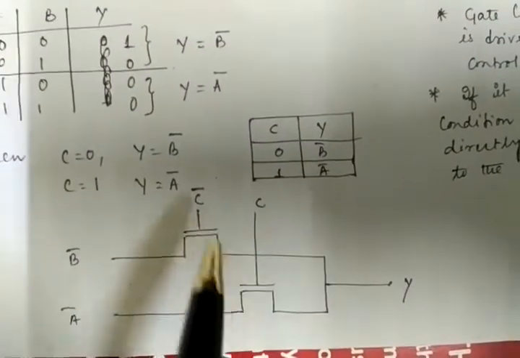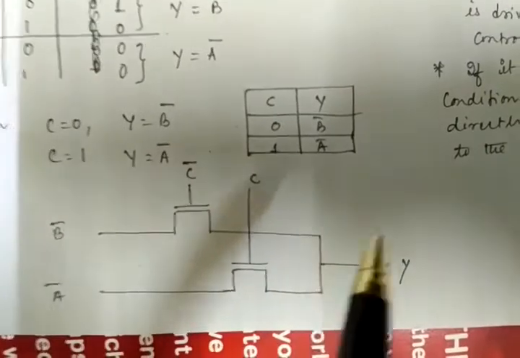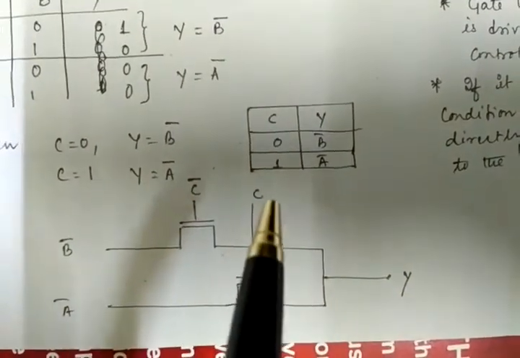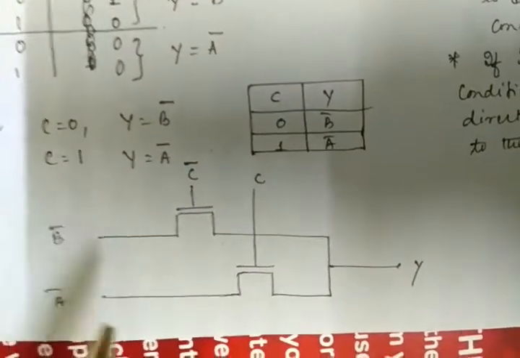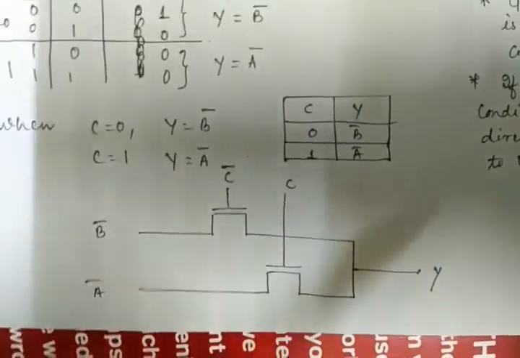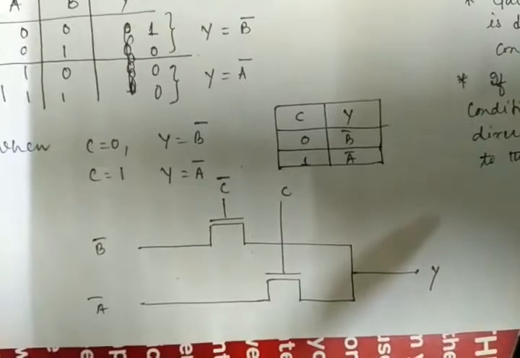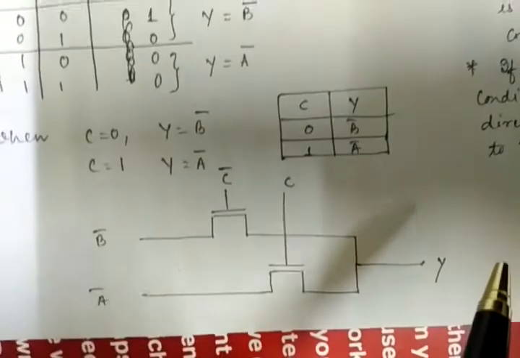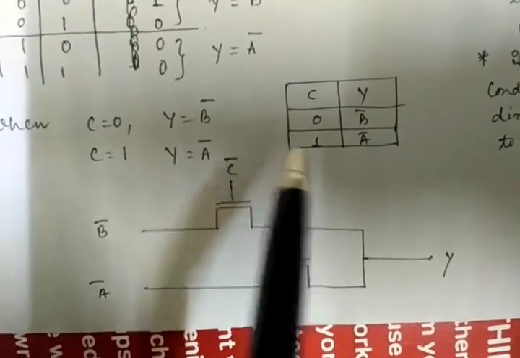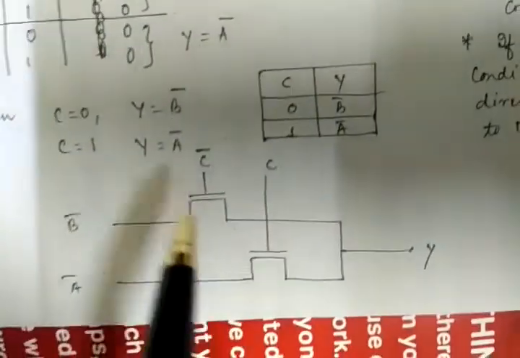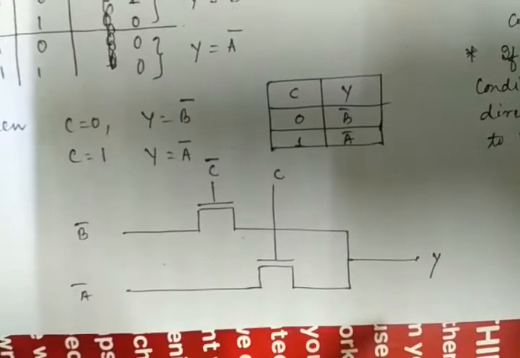So please connect this NMOS in parallel and then check the controlling signal. According to your controlling signal, please write down the input that you want to pass at the output. Be very sincere about that whenever you are doing this kind of design, and please check this C and C bar and the output in the input combinations, right?